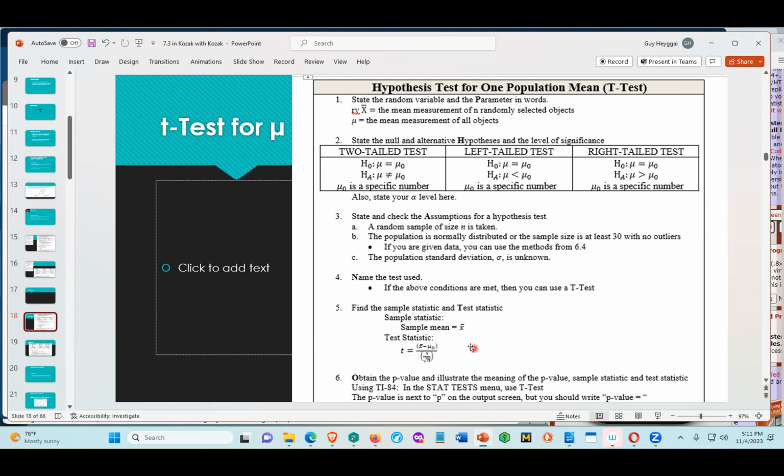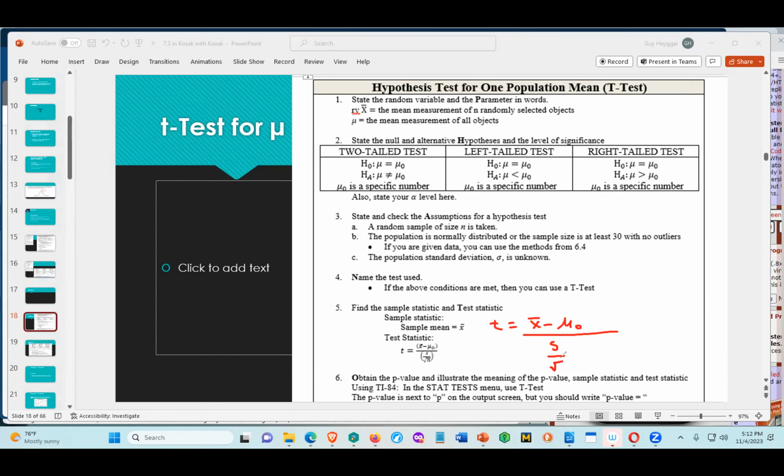And then the test stat, T equals X bar minus mu null all over S over root n. It's very small there, so I'm going to write it again. T equals X bar minus mu null all over S over root n.